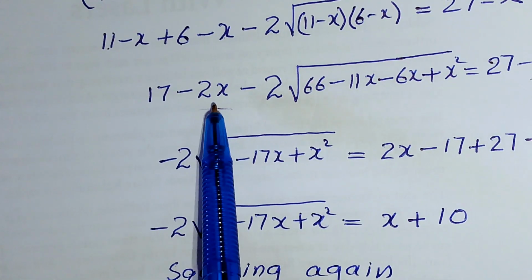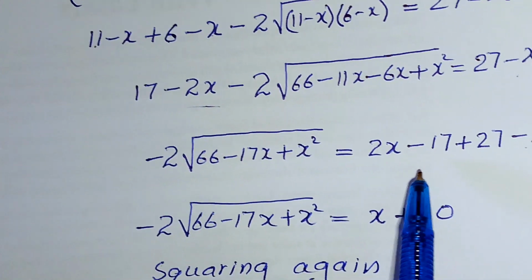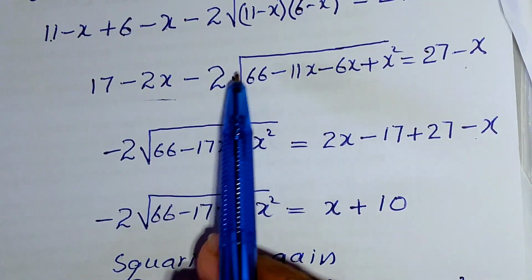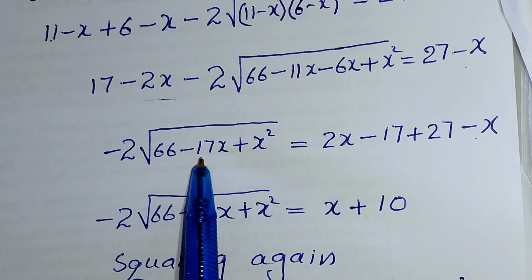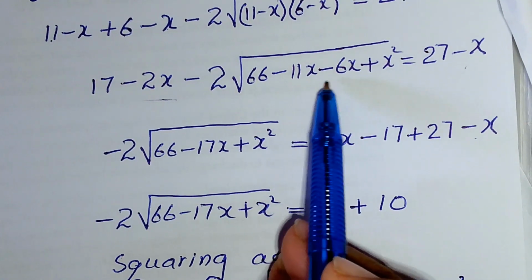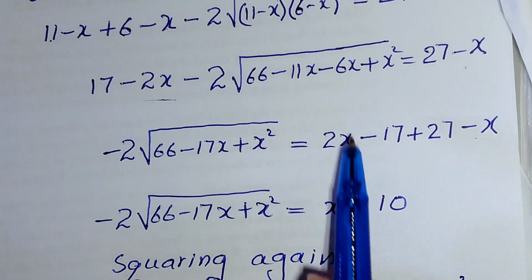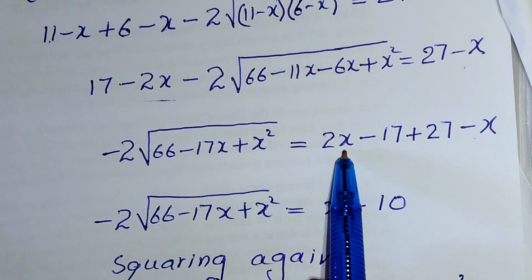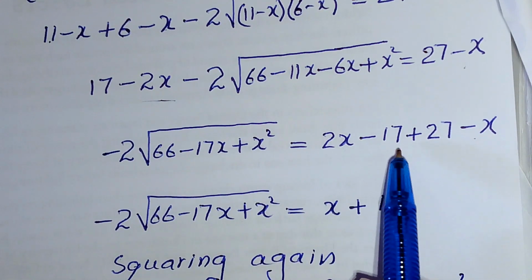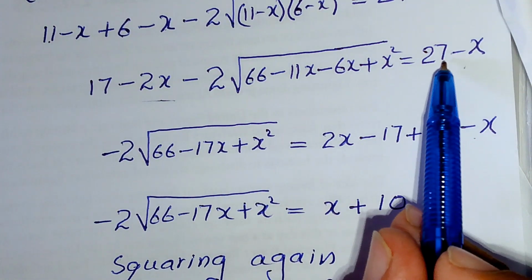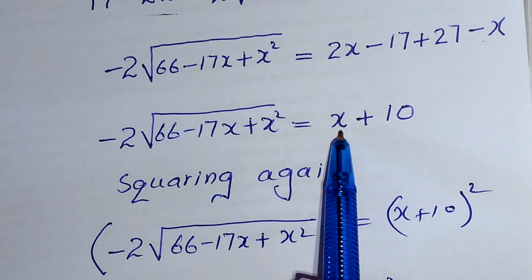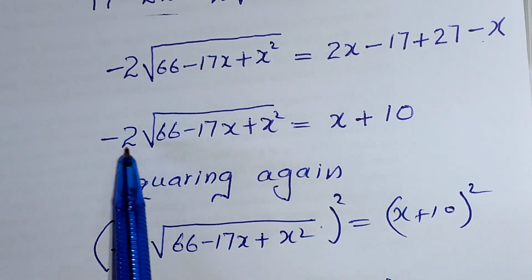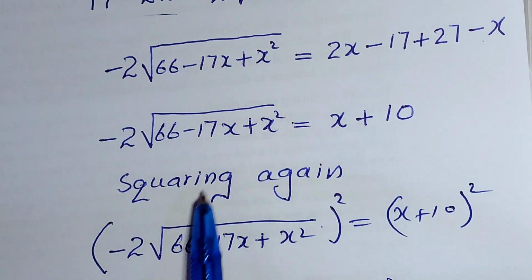So by taking these values on the other side, this will be minus 2 under root 66 minus 17x plus x square, and this value has come here, this is 17, so it will become minus 17 and plus 27 minus x. By simplifying this will be x plus 10, and this will be minus 2 and the value here.